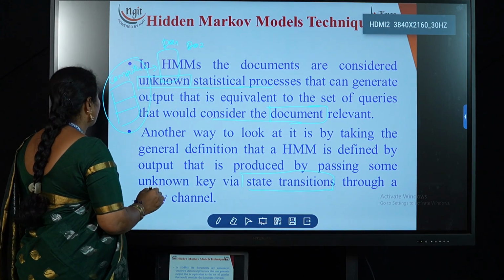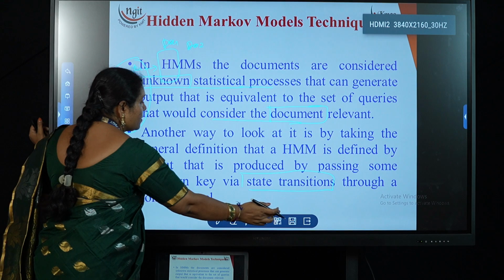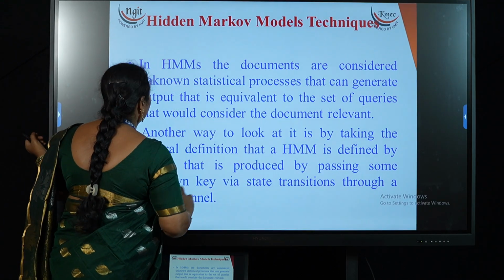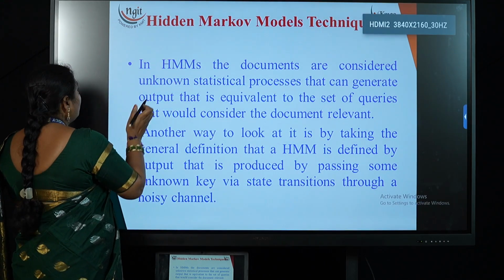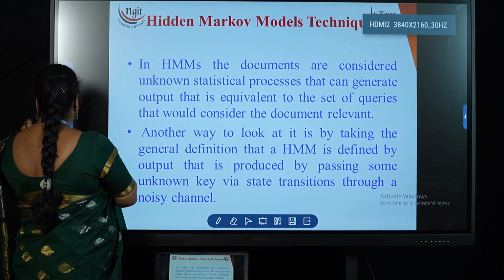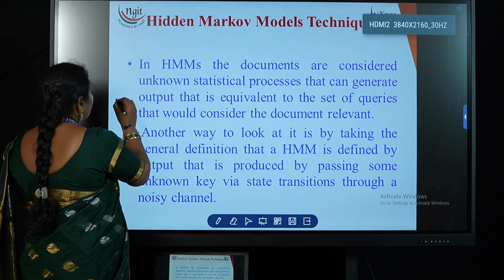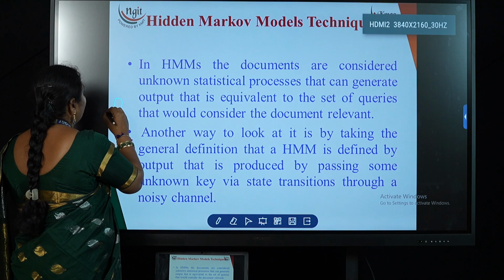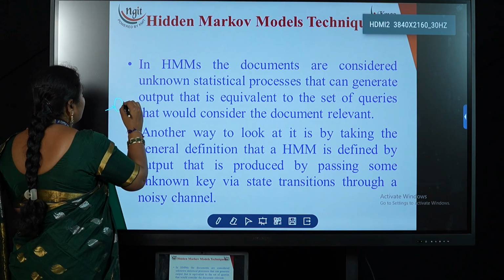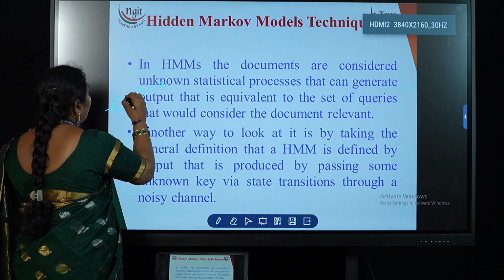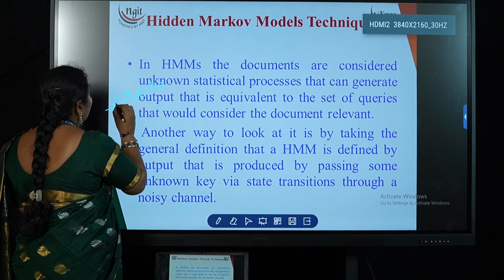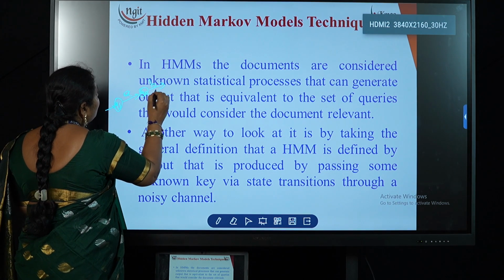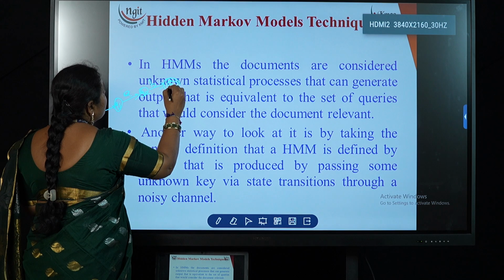So what are state transitions? We have seen this in formal automata. You will have states, and you move between states on A, on B. This is Q1, this is Q2 and this is your final state.